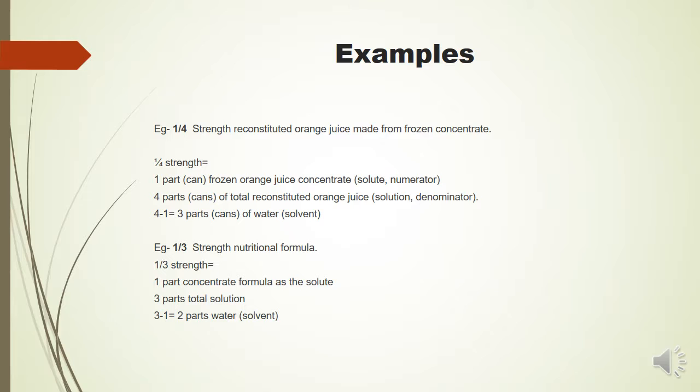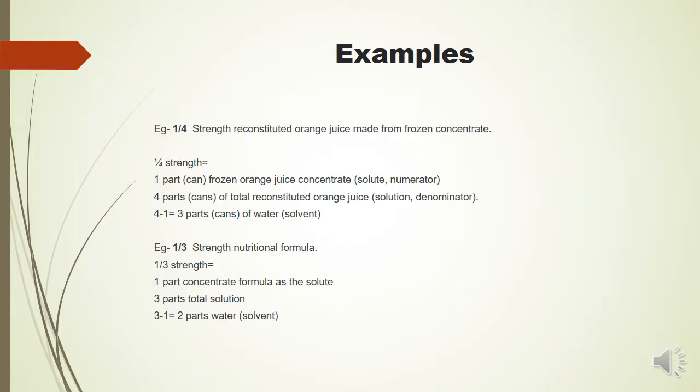Now we're talking nutritional formula. I want 1/3 strength nutritional formula. So what does that look like? Well, our numerator is 1, so we know that's our part of concentrate or solute.